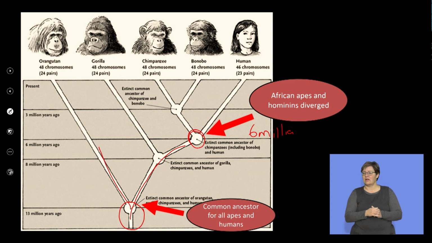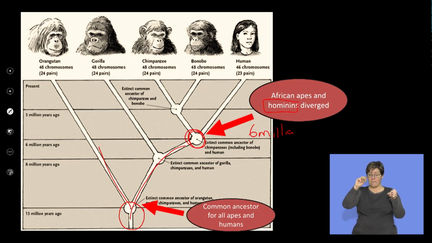This is the common ancestor of the hominids, the great apes, etc. But round about 6 million years ago, what happened? The hominins, which is us and our ancestors, split from the so-called hominid group.